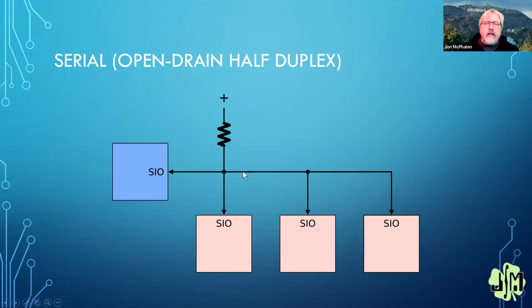So in this open collector, open drain arrangement, when a device wants to send out a message, all it has to do is pull the line low when it wants to write a 0 bit, and it floats the pin when it wants a 1 bit, because the pull-up to VCC will handle that 1 bit.